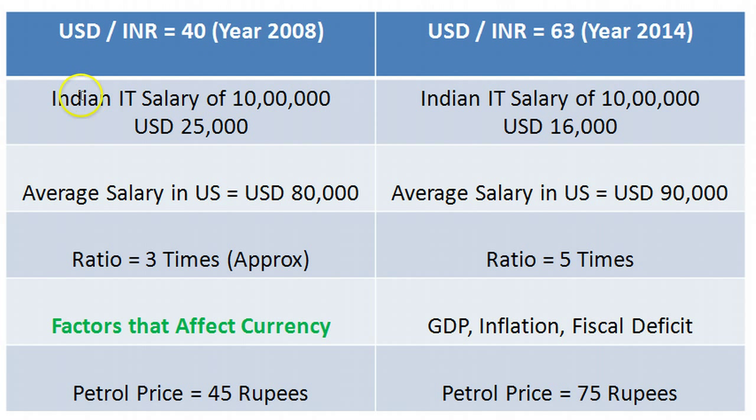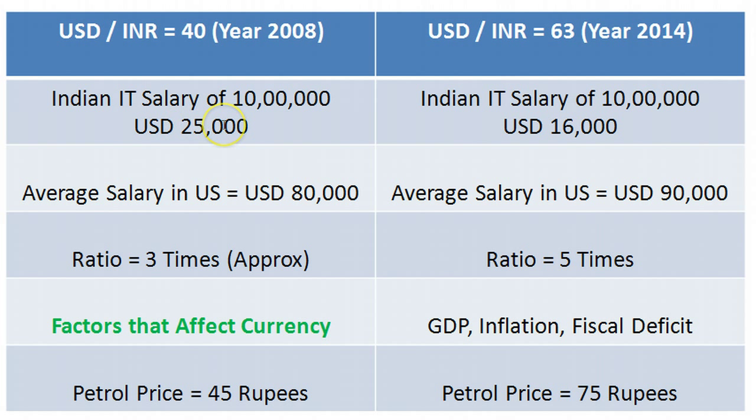Assuming an average Indian software guy gets a salary of 10 lakh rupees, and assuming not many people have got hikes in the last 4-5 years, let's assume the same salary of 10 lakhs. When you convert it into US dollars, whether it's an Indian company or a foreign company like IBM or Accenture, even if you work for TCS or CTS, you are billed in US dollars.